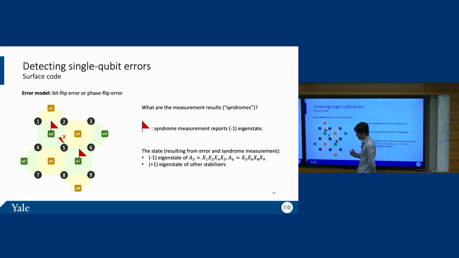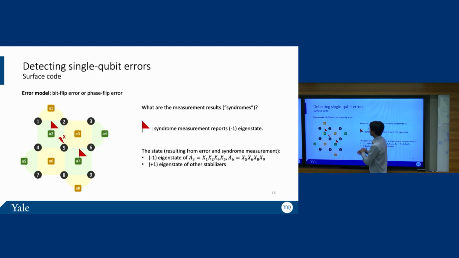This can also be seen by saying X5, X6 commute with my stabilizer. That's because every qubit that has X and Z introduces a negative sign because they anti-commute, but they anti-commute twice, so the negative sign actually cancels. That is an example where the flag canceled out because of multiple errors.